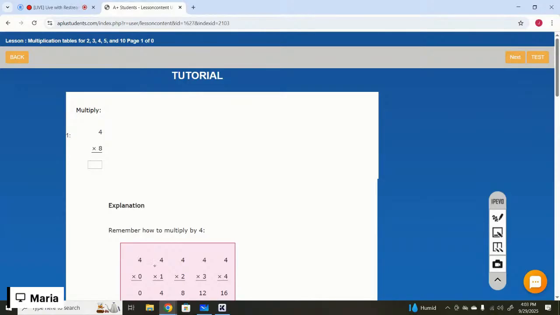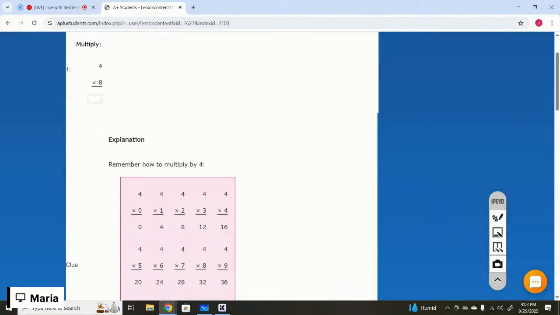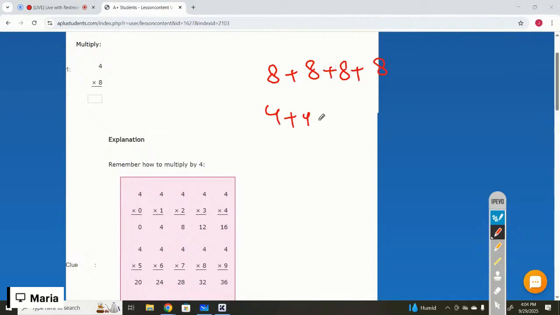4 times 8. Either you do 8 times 4 or you do 4 times 8. Basically, multiplication is the same as repeated addition. Either you add 8 four times or you add 4 eight times. The answer is the same. For smaller numbers, repeated addition is okay, but for greater numbers, you can't add, right?